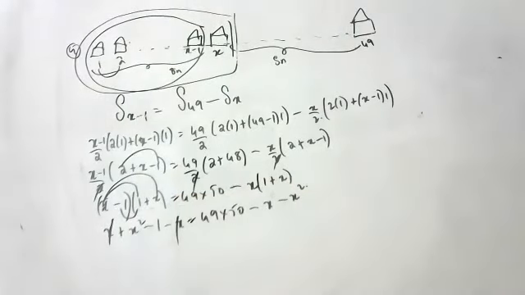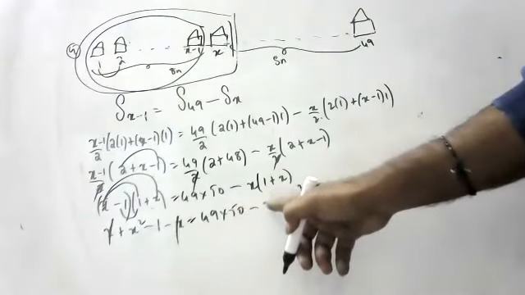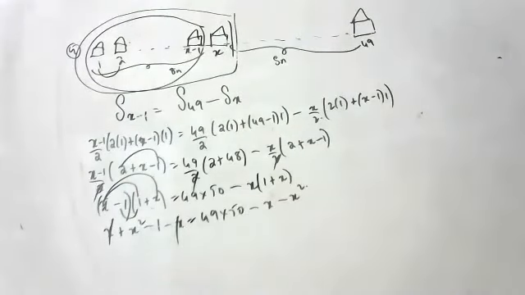Cancel. Now what do you get? X square minus 1. Minus 1 you bring it here. Is anything missing? Did we do any mistake?